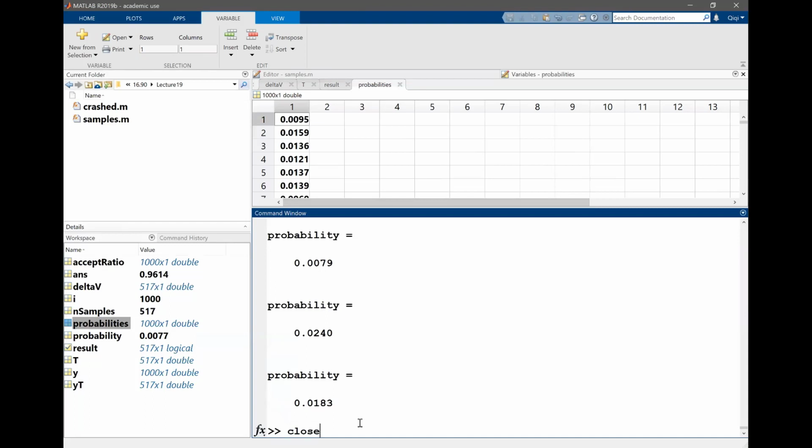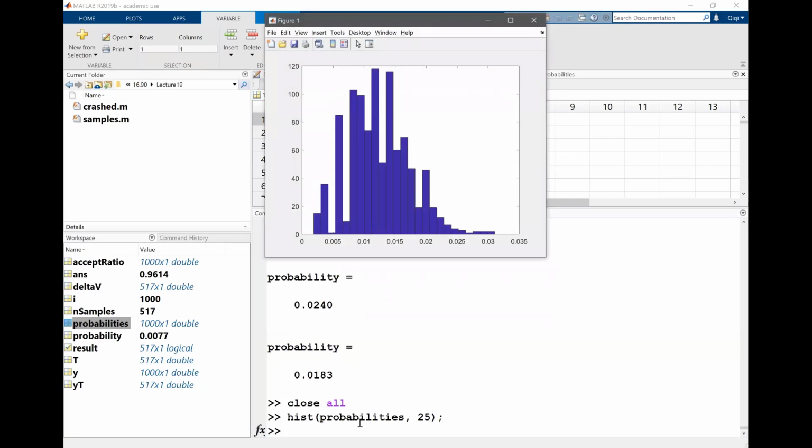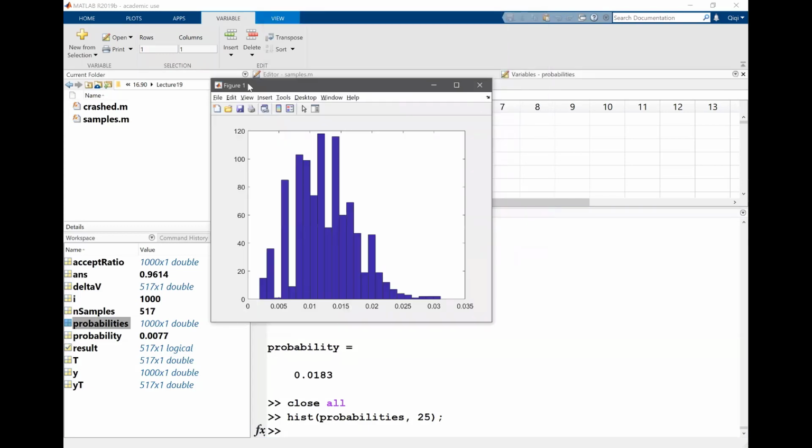So let's plot the histogram of the probabilities. Let's use maybe 25 bins. So that is what we get. Essentially we see a shape that's a little bit like what distribution.